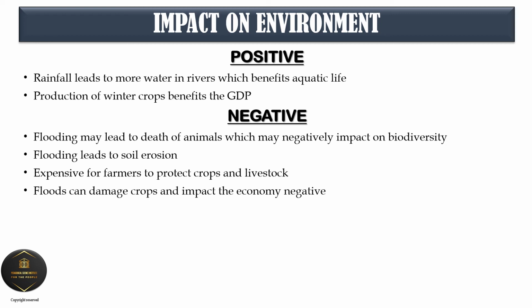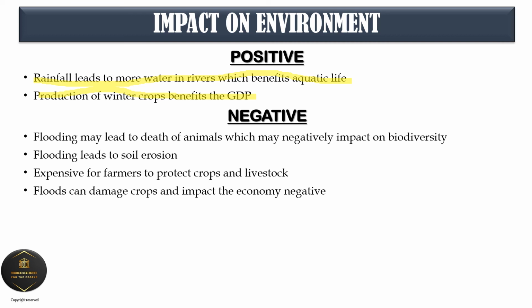The positive is that the rainfall will lead to more water in rivers, which will benefit aquatic life, and the production of winter crops benefits the GDP, and also benefits, we can say, the natural environment as well, as some animals may have food as a result of the farming being produced, right?